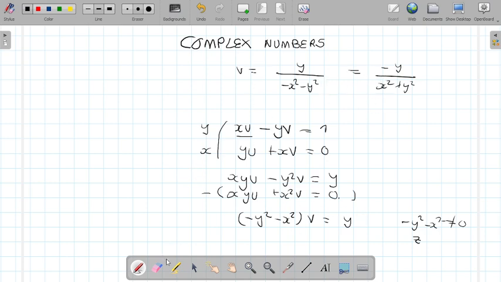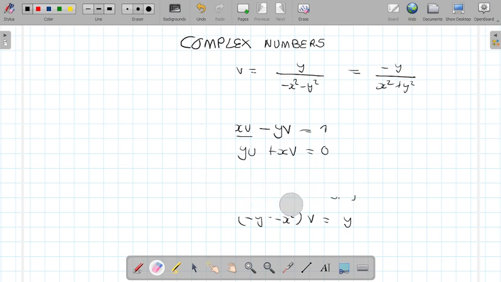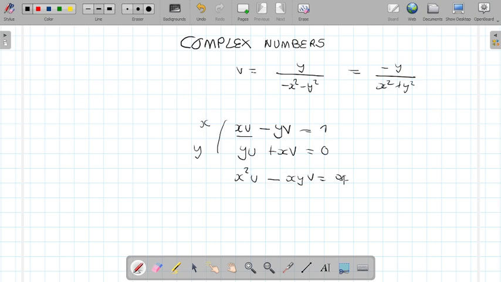Now let's also find our u. I'm just going to use the same system. The goal is to find u, so we have to eliminate the second part. So I'm going to multiply by x here and y here. This will give me x squared u minus xyv is equal to x.